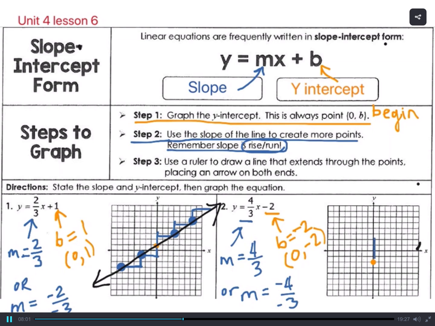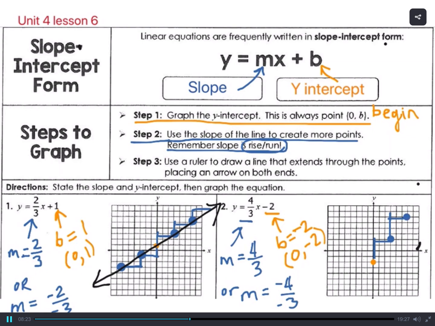So I'm going to go up 4 over 3, plot a point, up 4, and then over 3. I counted up a little too much that time, so I just corrected it.